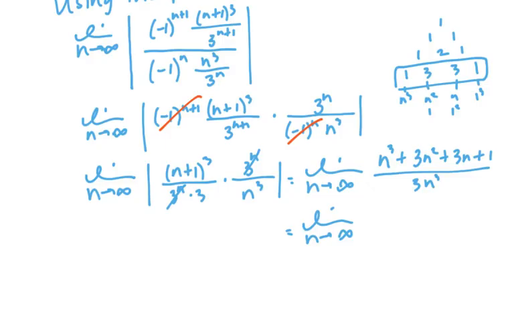If I divide by n to the third, I get 1 plus 3 over n plus 3 over n squared plus 1 over n to the third. And in the denominator, I just have 3. So when you plug in infinity, this goes to 0, this goes to 0, this goes to 0, and I have 1/3.